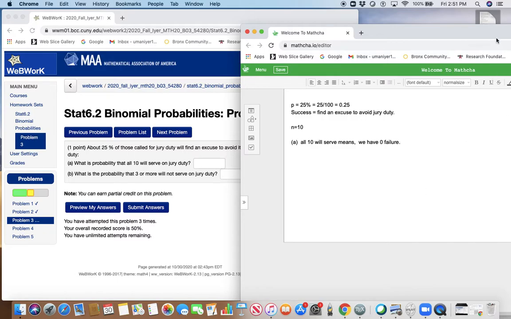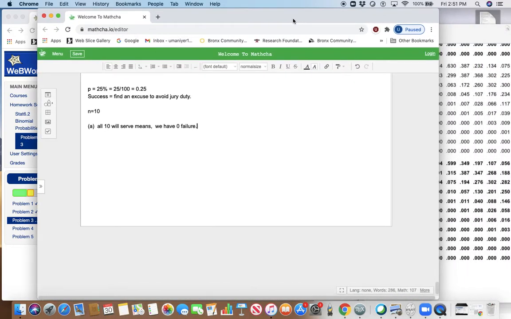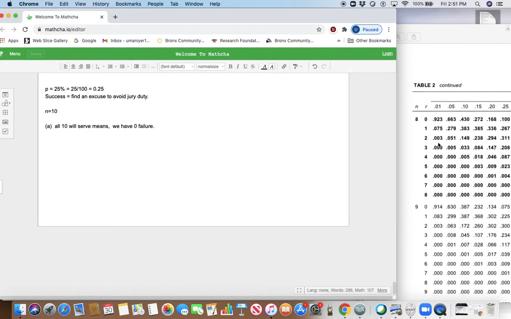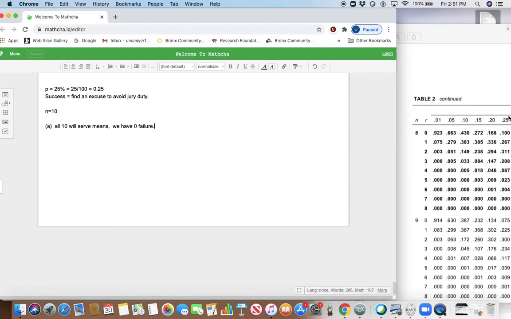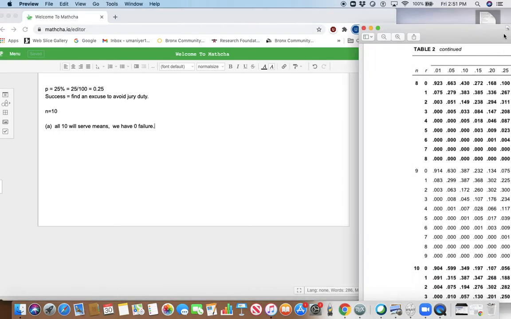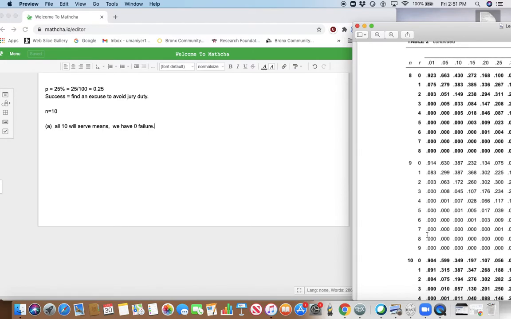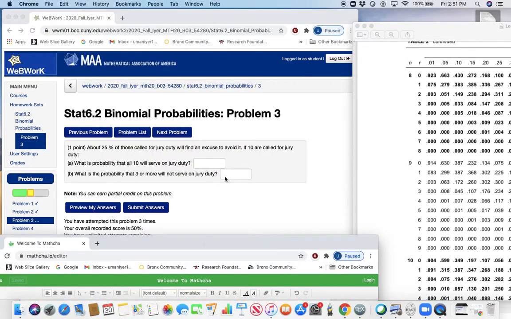So in a binomial experiment, n is 10, probability of success is 0.25, and you want zero successes. So we are looking at 0.056.